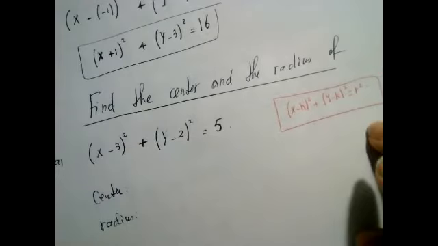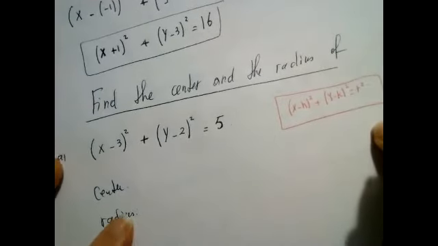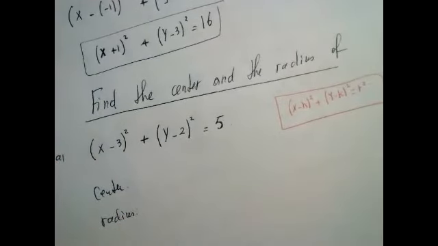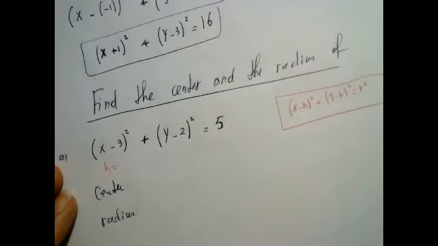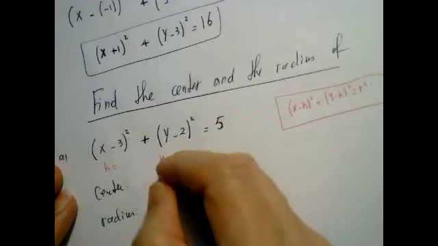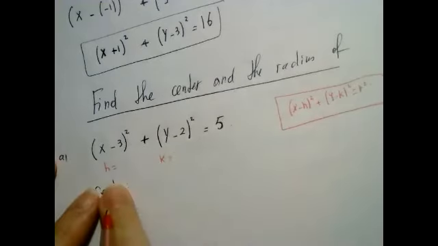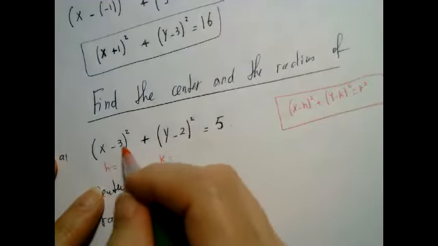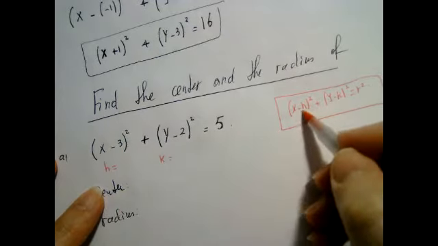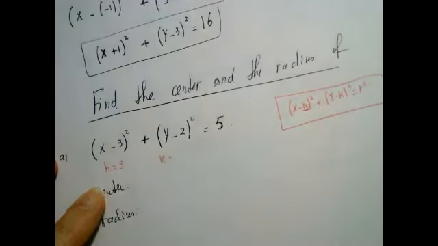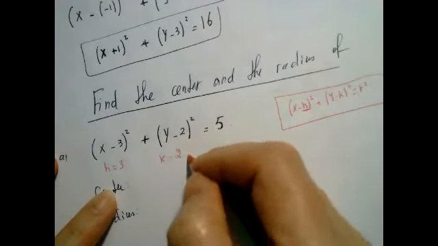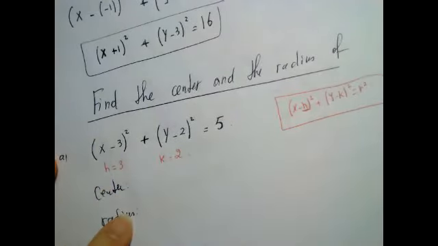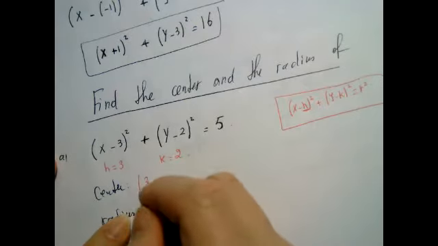Look at it more carefully, more carefully for the center. What's playing the role of h in here? And what's playing the role of k? x minus 3, by analogy, it means h is 3. y minus k, it means k is 2. So the center is (3, 2).